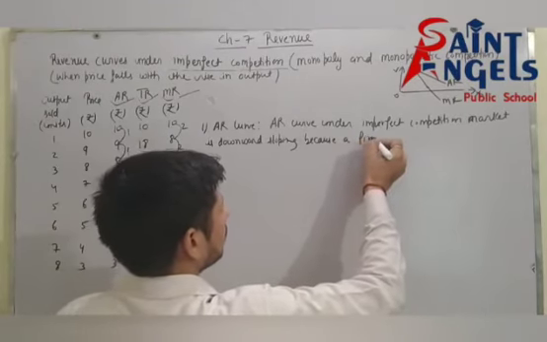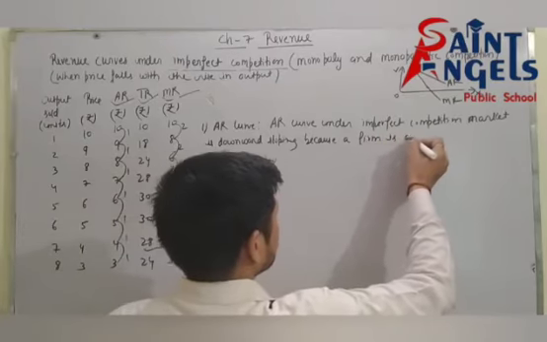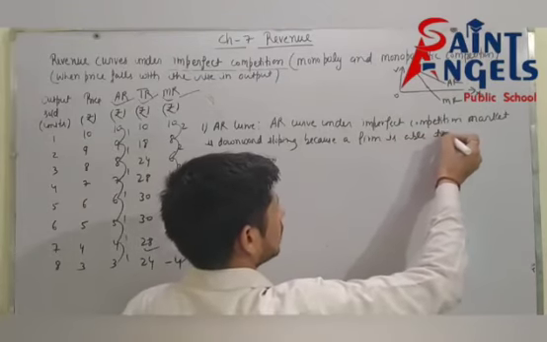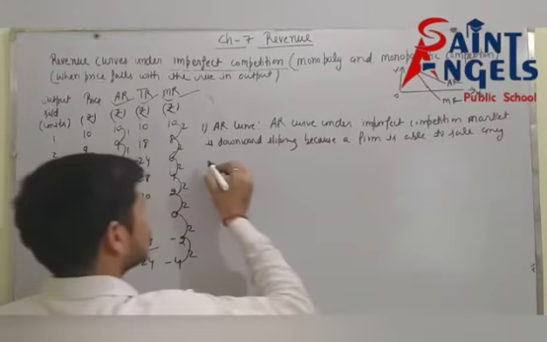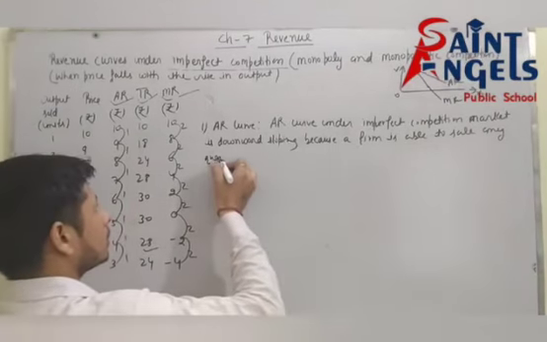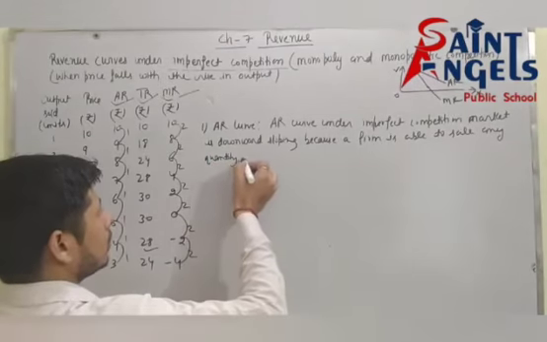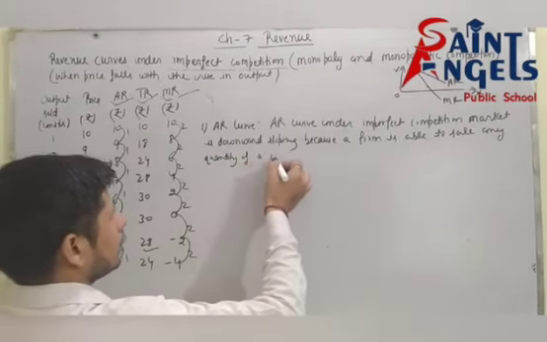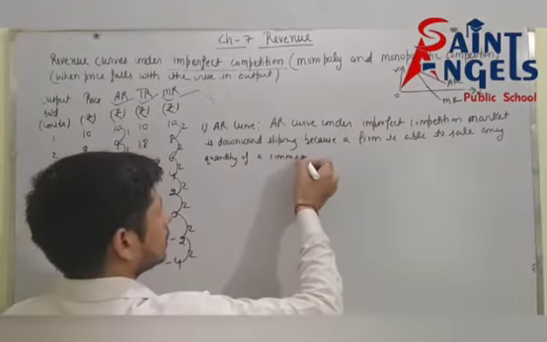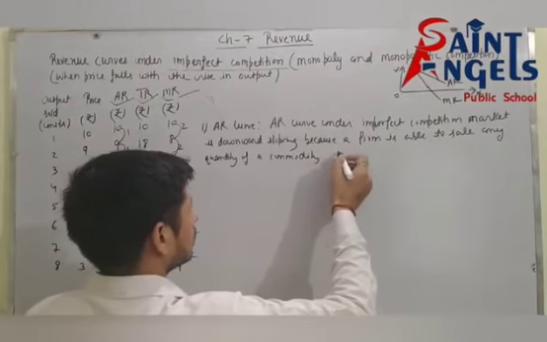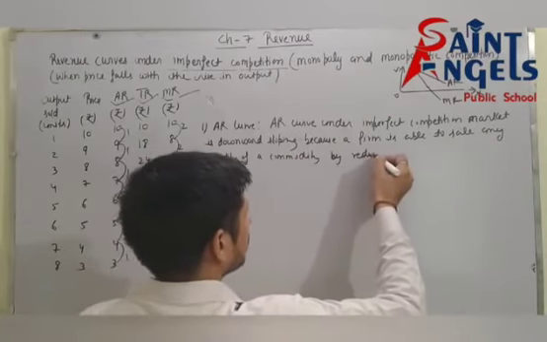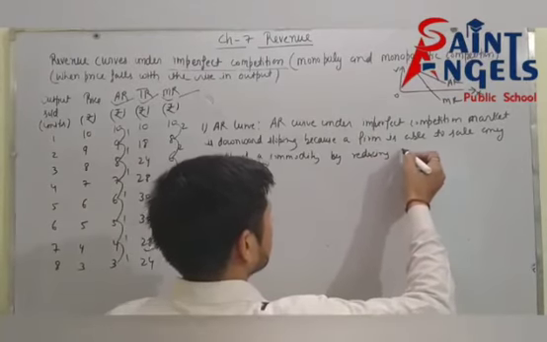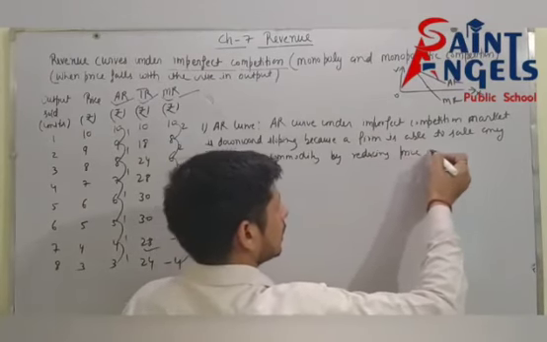because a firm is able to sell any quantity of a commodity by reducing price only.